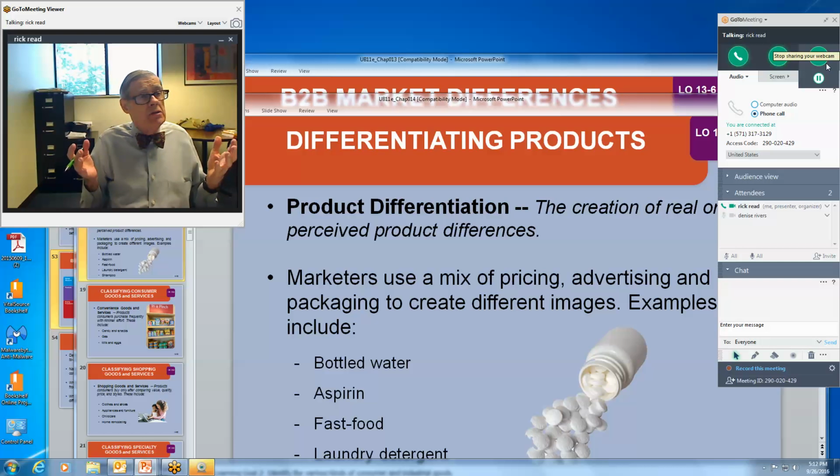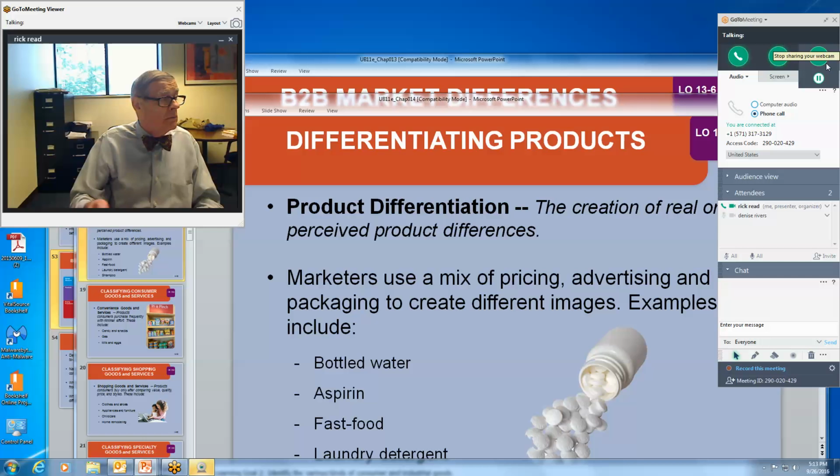How do you differentiate aspirin, bottled water, fast food, etc.? Well, fast food, pretty easy. Somebody's selling burgers, somebody's selling pizza. But you have to differentiate your burger and your pizza from your competitors. Not an easy thing to do. So you have to do it in some fashion that makes it stand out.